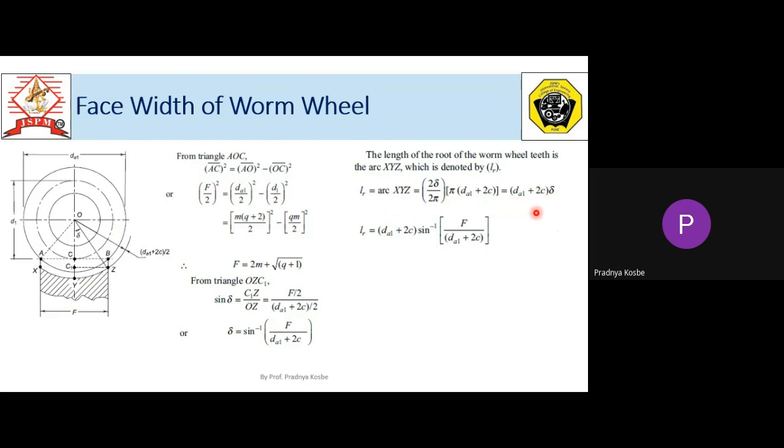So LR is equal to dA1 plus 2C into del, and del is equal to sine inverse of F divided by dA1 plus 2C. So the final equation is LR equals dA1 plus 2C into sine inverse of F divided by dA1 plus 2C. Next we will see force analysis of the worm.